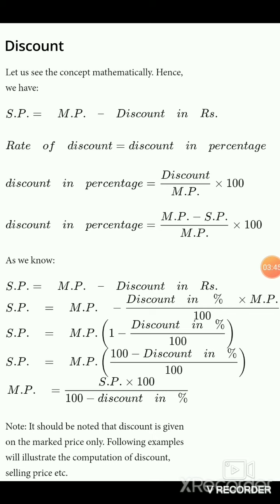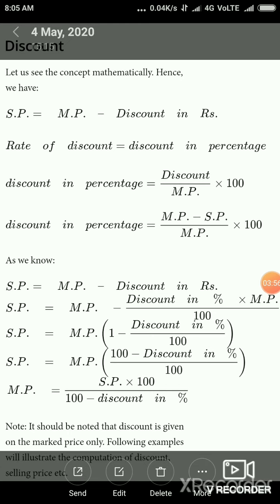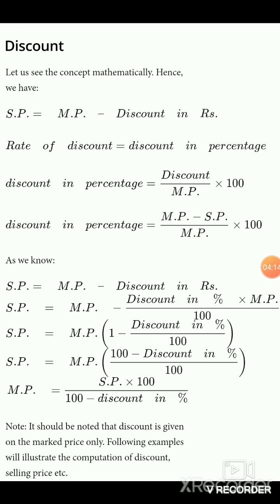Now, how will we calculate the SP when discount is given in percentage, not in rupees? First, we convert the discount percentage into rupees, then subtract it from the MP, or we apply the direct formula: SP is equal to MP multiplied by (100 minus discount percentage) divided by 100.